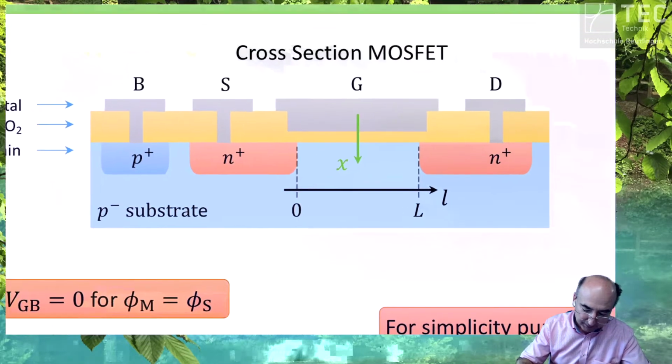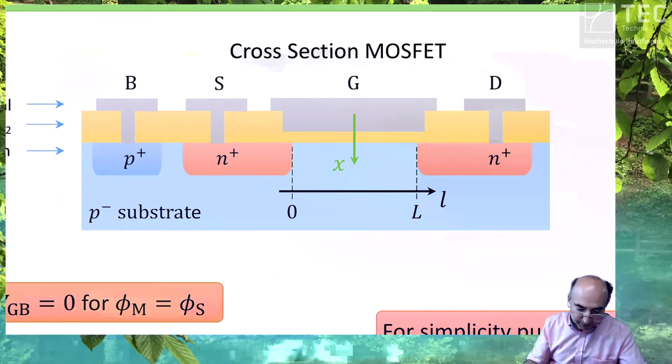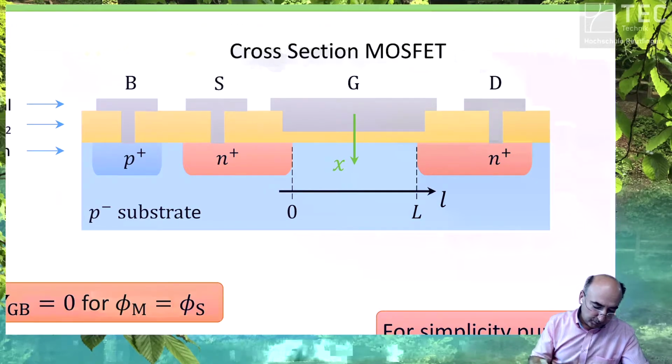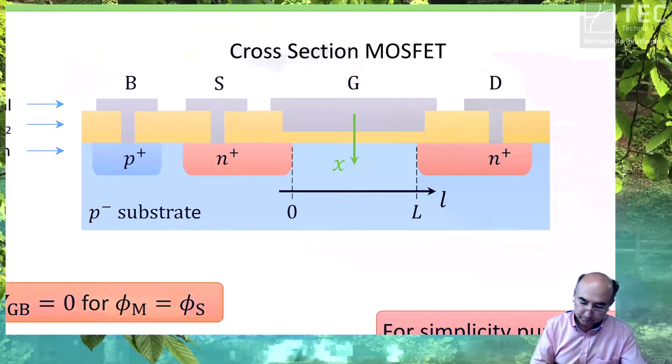A MOSFET looks like this. If you saw through a wafer, just straight through a MOSFET, make a simplistic sketch, you get this image. So here is the wafer, a part of that. On top, you have your gate metal. The oxide in between has a certain thickness.